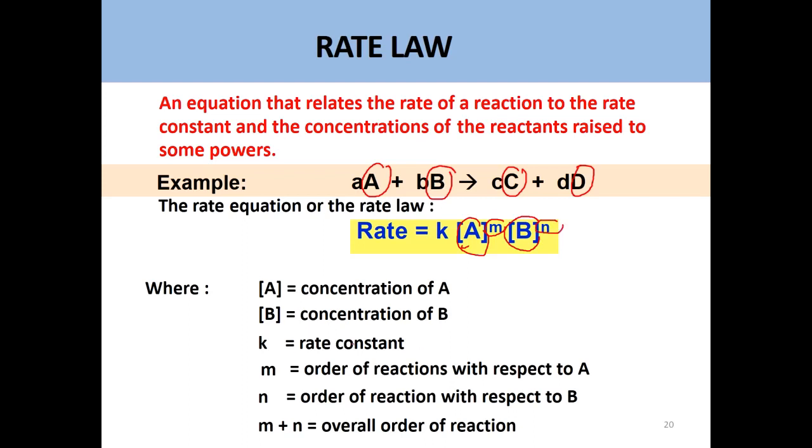K is the rate constant, m is the order of reaction with respect to A, n is the order of reaction with respect to B, and the overall order of reaction is m plus n.